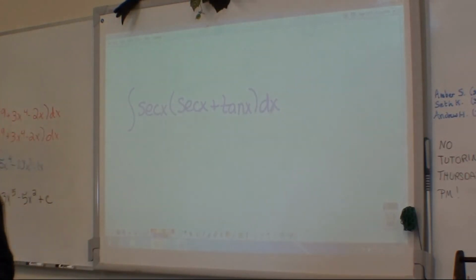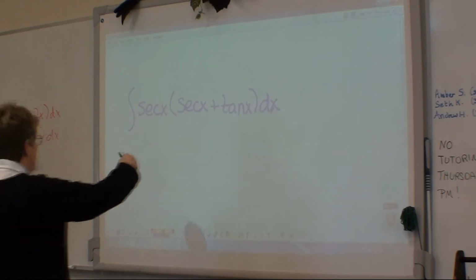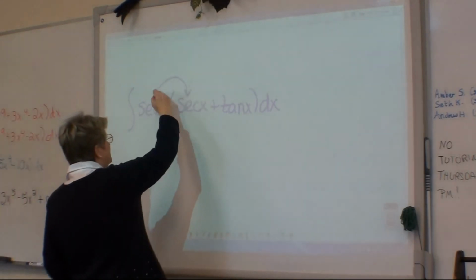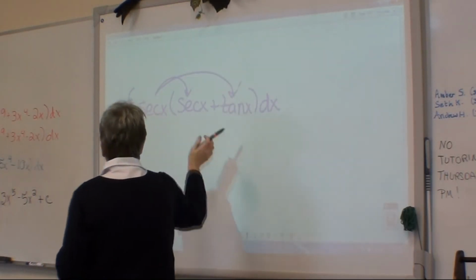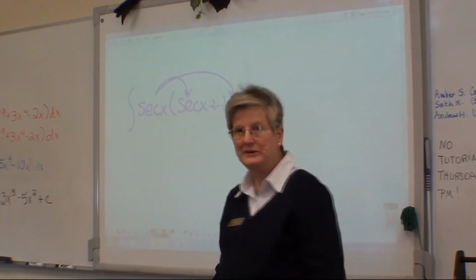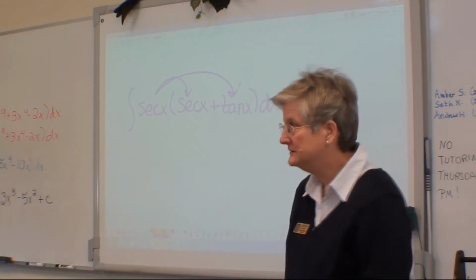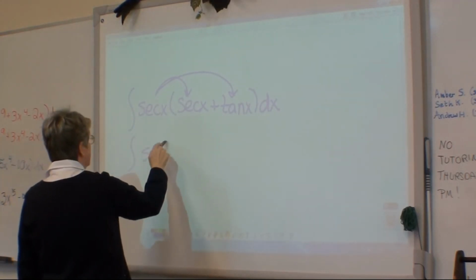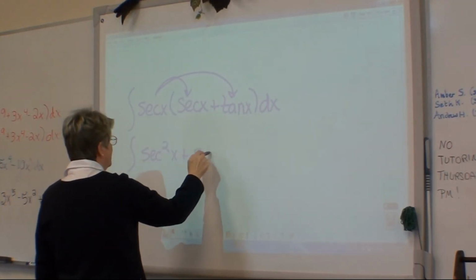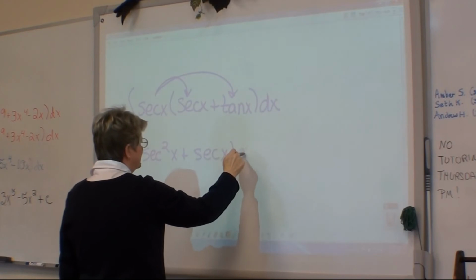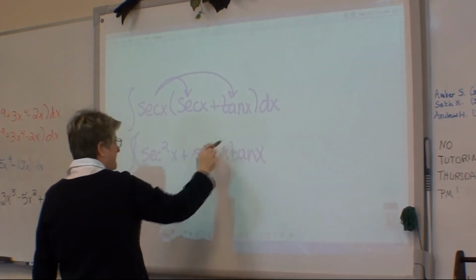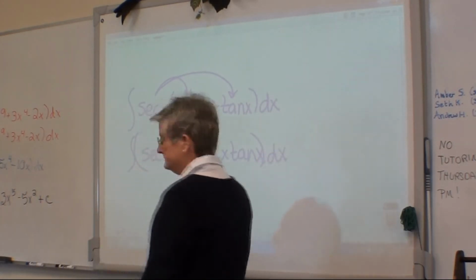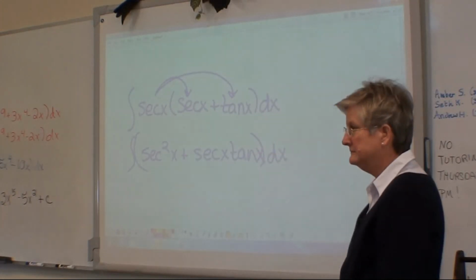But you have one more valuable property of integrals. Does algebra 1 tell me in trig that I can distribute that secant x in that parentheses? So this is the same thing as the integration of secant squared x plus secant x tan x dx. Everybody okay with that?